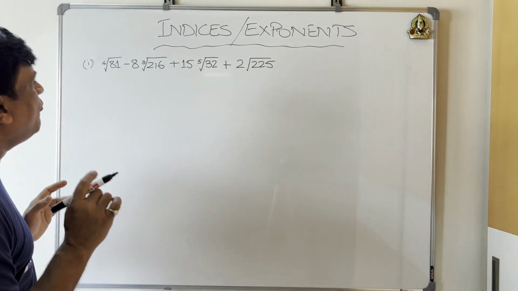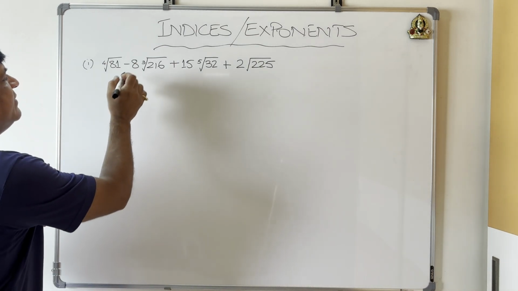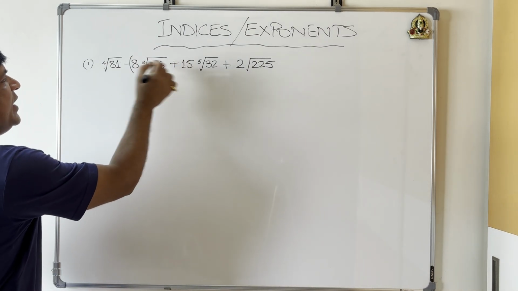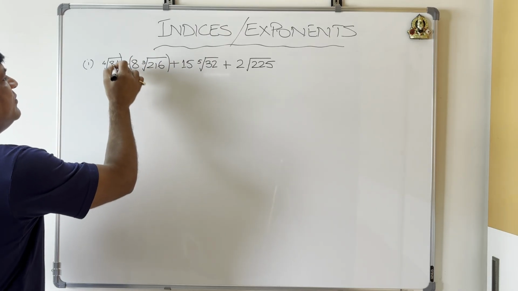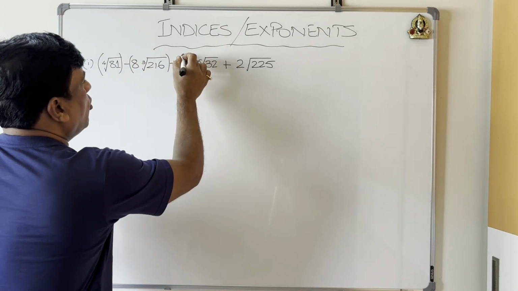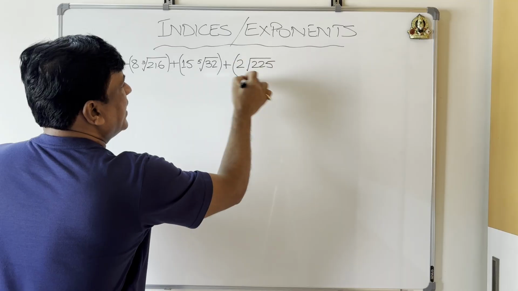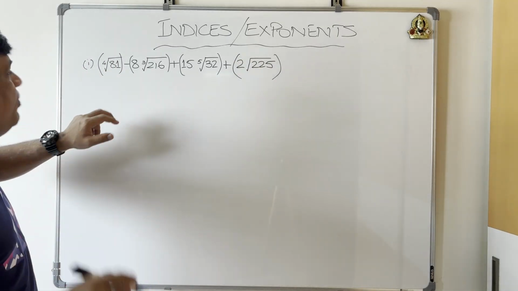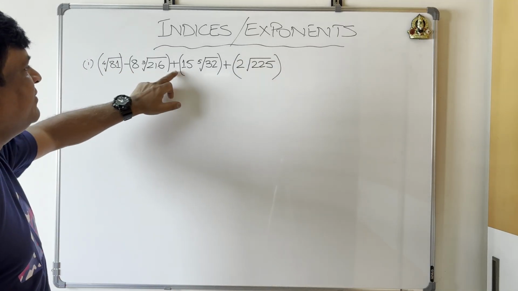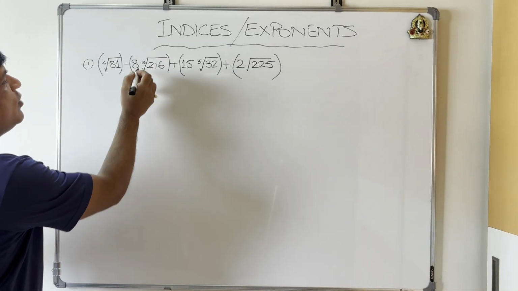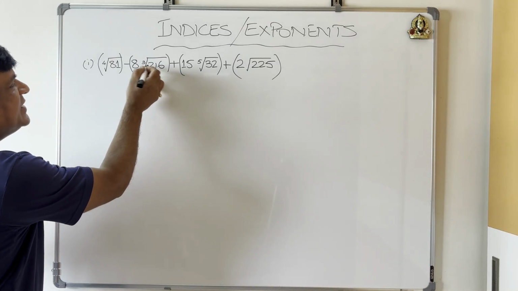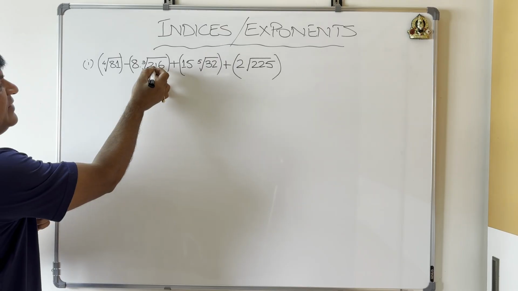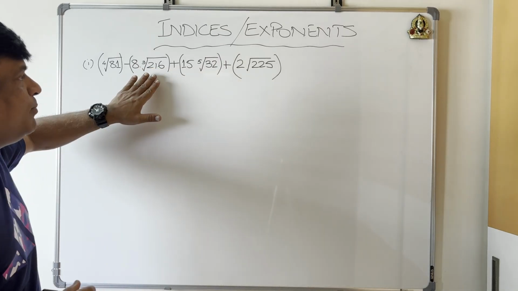First, understand that between the operators, these are all single terms. When I say operators, I mean the minus, plus and all. You have 8 times cube root of 216. You need to write the problem properly.